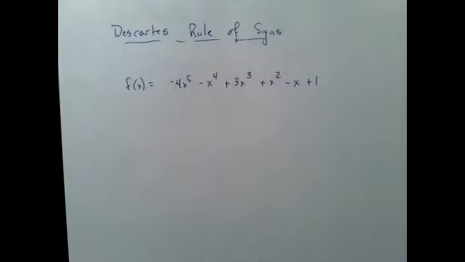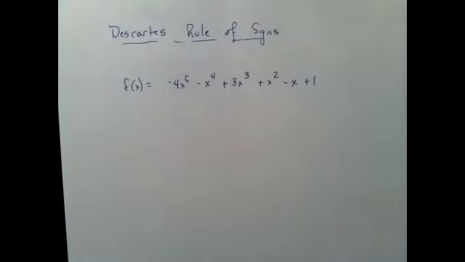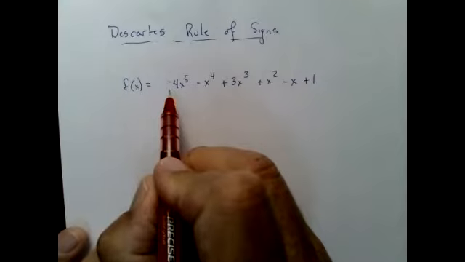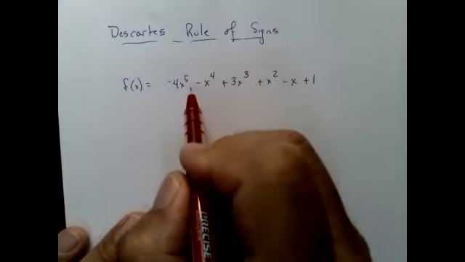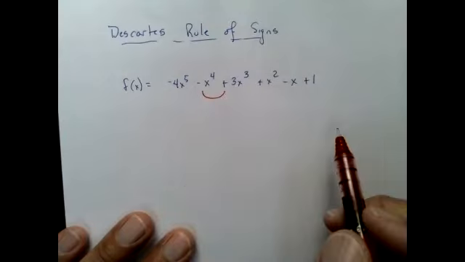But he said, I can look at this current function and I can tell you about the positive roots. I can say there might be so many or so many. And what he did was, if you remember, he counted the sign changes. So from negative to negative, nope, that was nothing. From negative to positive, there's 1.